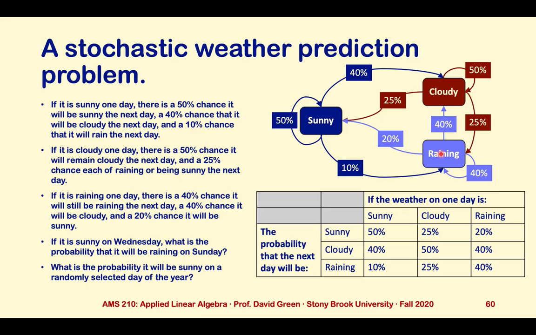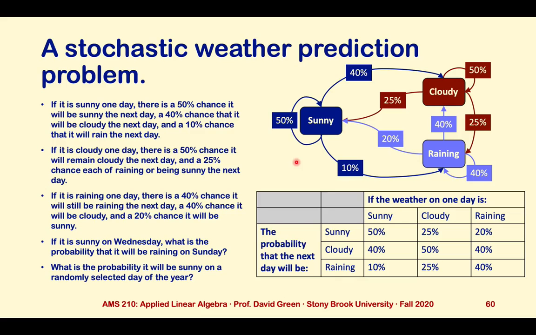If it's raining, there's a 40% chance that it's raining the next day, a 40% chance that it's cloudy the next day, and a 20% chance that it's sunny the next day. One thing that you will note is that if you add up the probabilities for all of the arrows out of one state, it has to be 100%. If it's sunny today, there's a 100% chance that tomorrow will have weather.